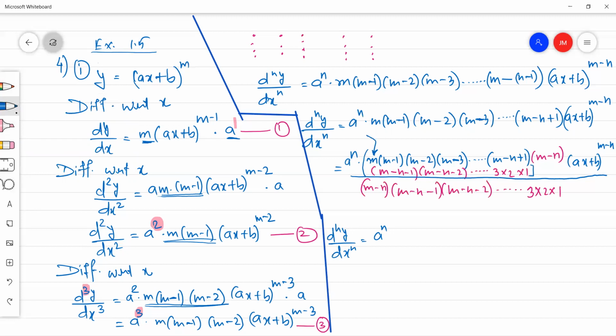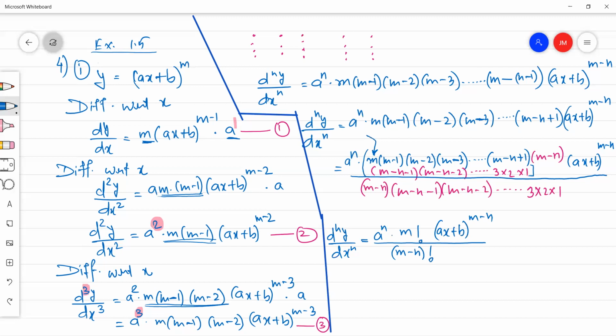So it is m factorial into ax plus b raised to m minus n. Okay, and divide by what? This is m minus n factorial. This is what I got.